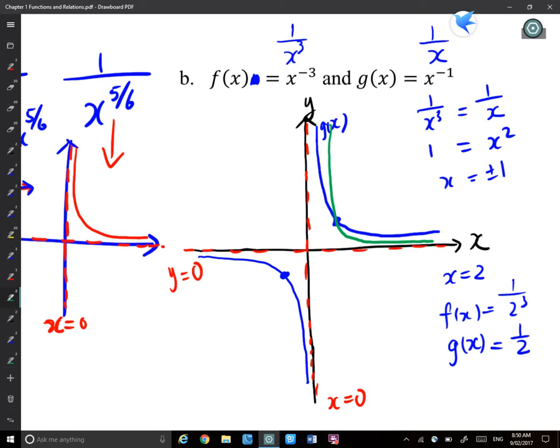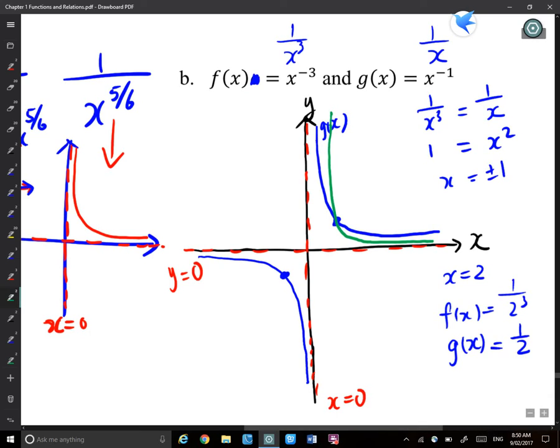So at x equals 2, which is greater than 1, when x is greater than 1, your g(x) needs to be higher than f(x), which means before x equals 1, your g(x) needs to be lower than f(x). So same thing here.